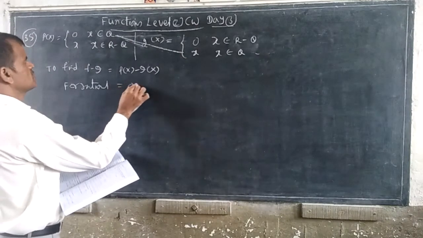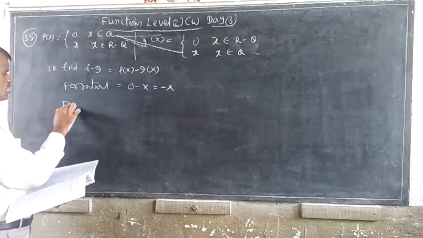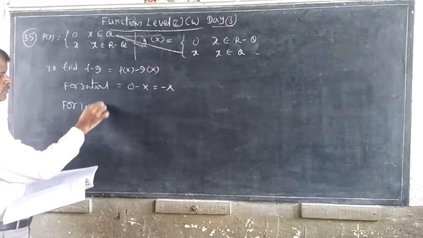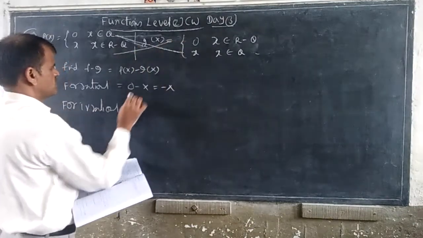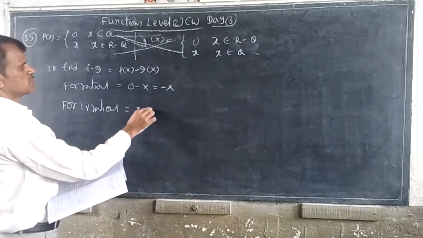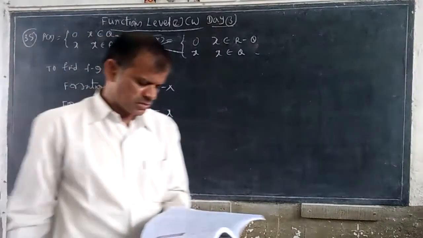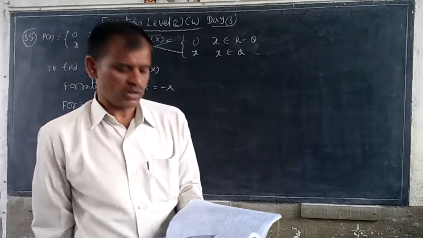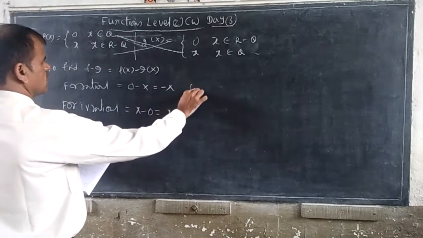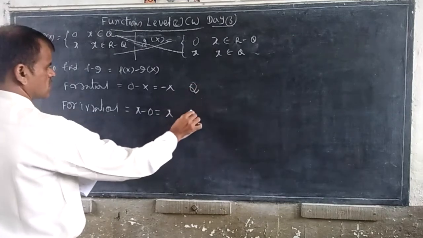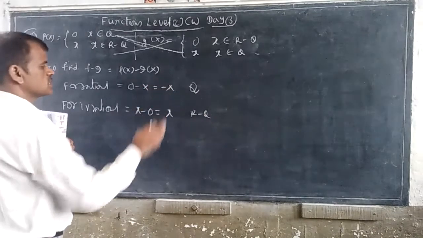That is equal to 0 minus x. Answer minus x. Next, for irrational, R minus Q, definition like this. So x minus 0, it is x. So for f minus g we got minus x and x separately, like this. This is for rational numbers. This is for R minus Q. Entirely separate minus x and x.